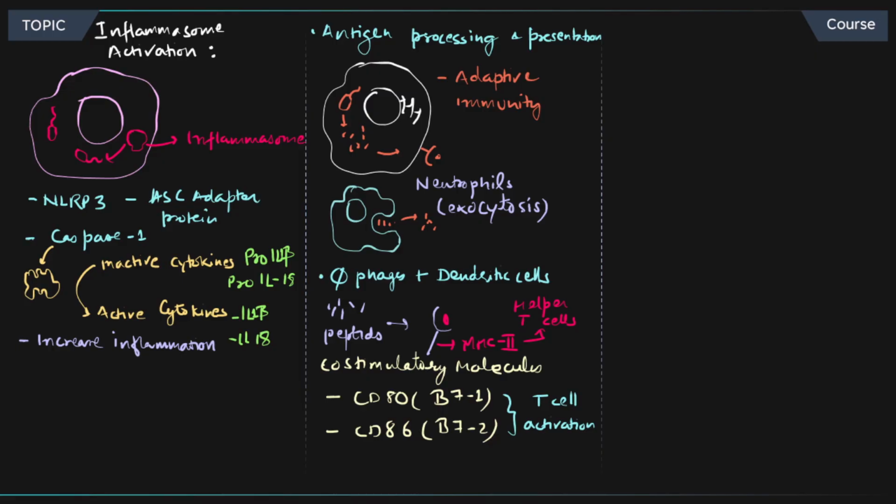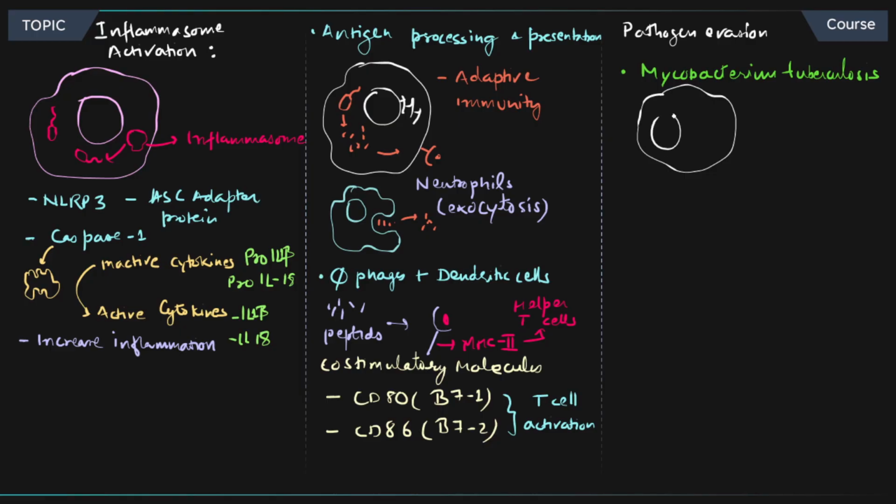Now, let's talk about some of the important processes, how pathogen evasion can occur. So a pathogen can be really smart and evade this particular system. Let's talk about Mycobacterium tuberculosis, MTB. We all know tuberculosis is a very, very dangerous disease. Whenever there is the formation of phagolysosome, the phagosome is going to get merged with lysosome, and that fusion is required for killing the bacteria.